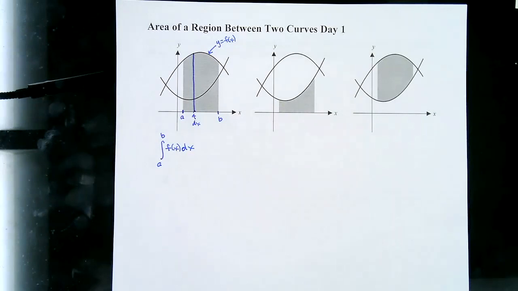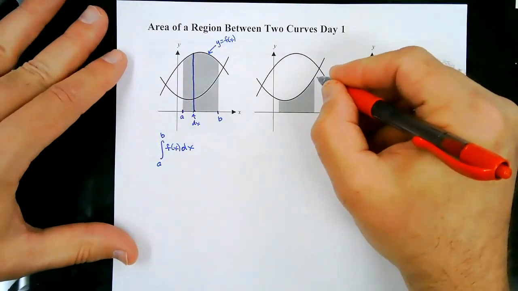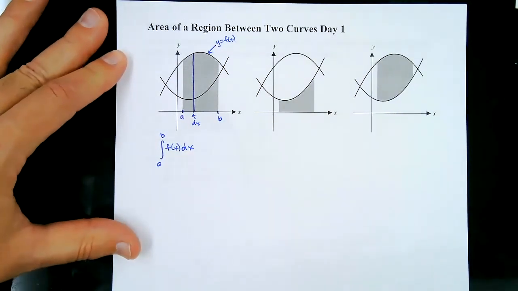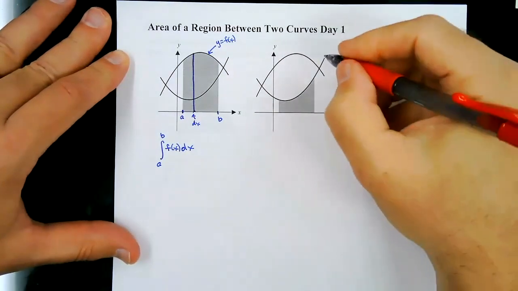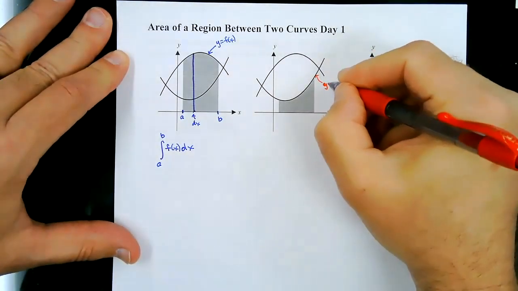Over here, this curve right here, let's call g of x, or y equals g of x.